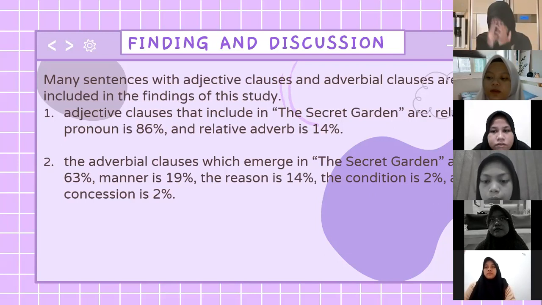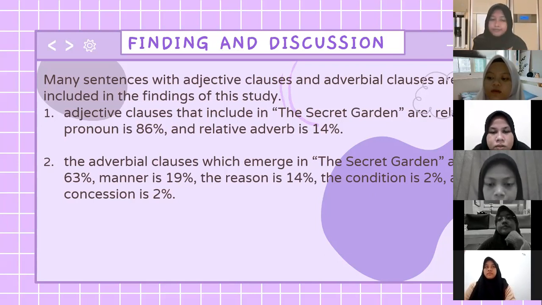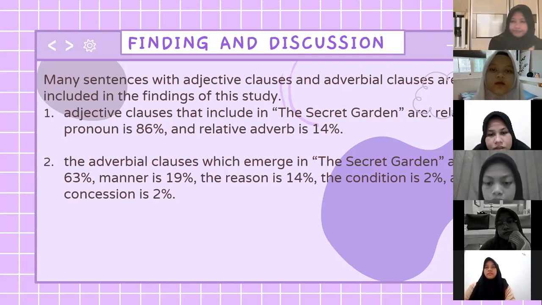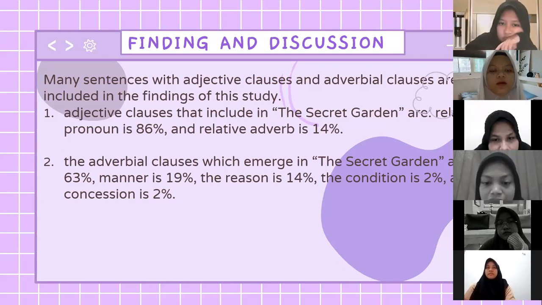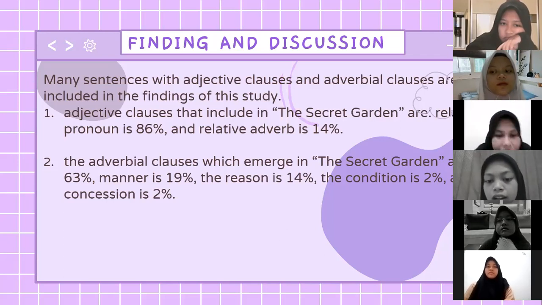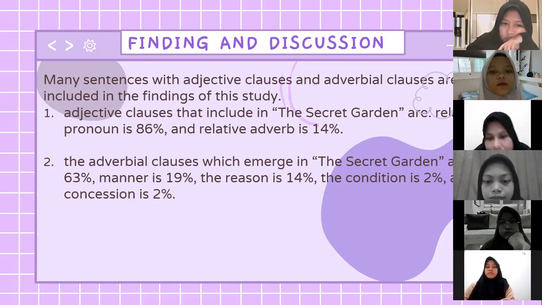The word because appears the most. And the last is the adverbial clause of concession, the fourth, which contributes a small percentage because the author says only a few things of that kind. Next.